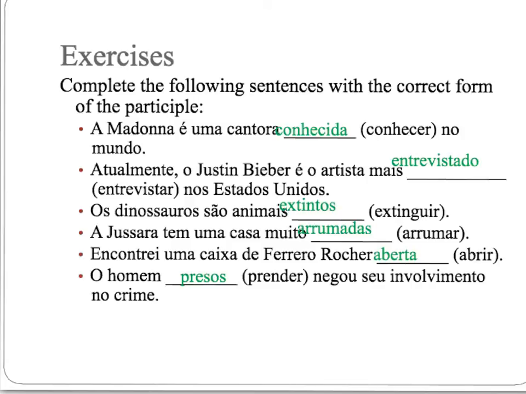Dinosaurs are extinct animals. A Jussara tem uma casa muito arrumadas. Ooh, there's a little mistake here, so let me cross out the S. No S, okay? So, a Jussara tem uma casa muito arrumada.